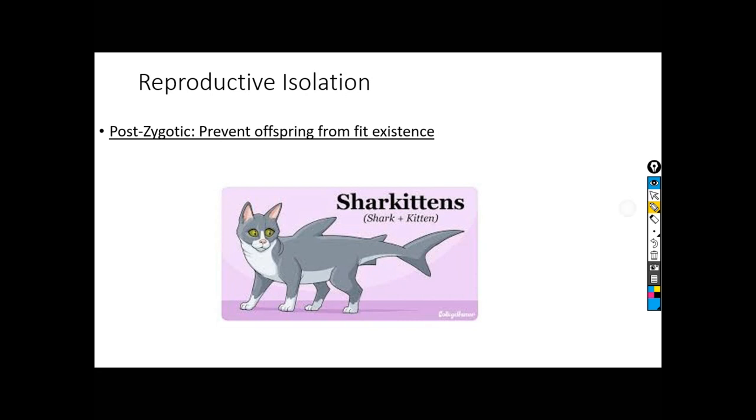So now we have to look at post-zygotic. After our sperm and our egg have met, we've created some sort of offspring. And so now we want to say if these are truly separate species, we have our brown species and our green species. If they were to create an offspring, that offspring is going to be less fit, because they're going to have some kind of mix of genes.